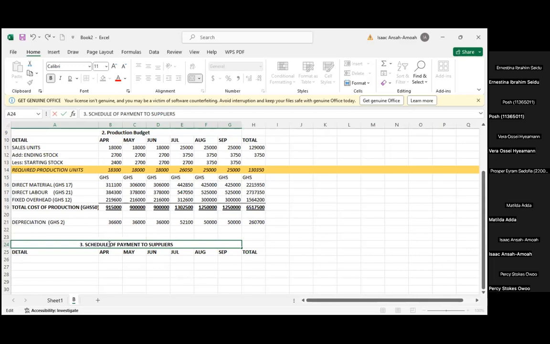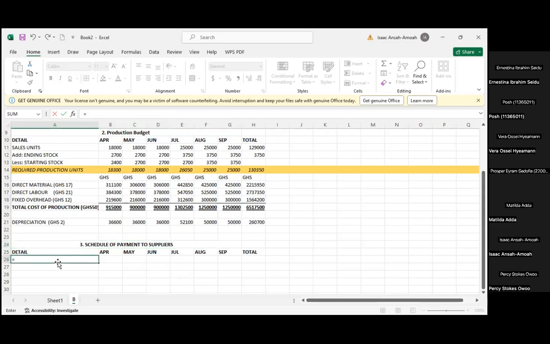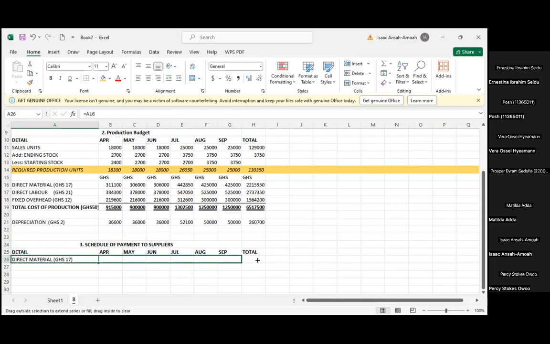At what point in time have you engaged or will you engage suppliers when you buy raw materials? So down here, you want to look at how the raw material costs were paid for. So I'm going to bring down here the raw material costs or the direct material costs. I'm looking at how the payment was done.